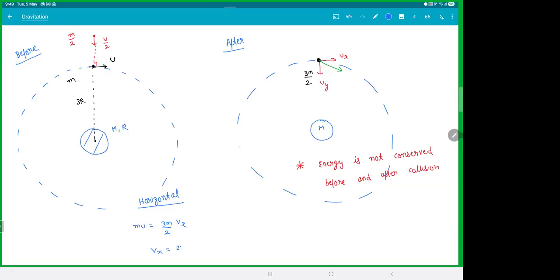So Vx will be 2u/3. In the vertical direction, initially momentum was mu/2. This would be 3m/2 Vy. Vy is u/3. Sorry, this is m/4, u/6. Please check. So just after collision, this is the velocity of the satellite.